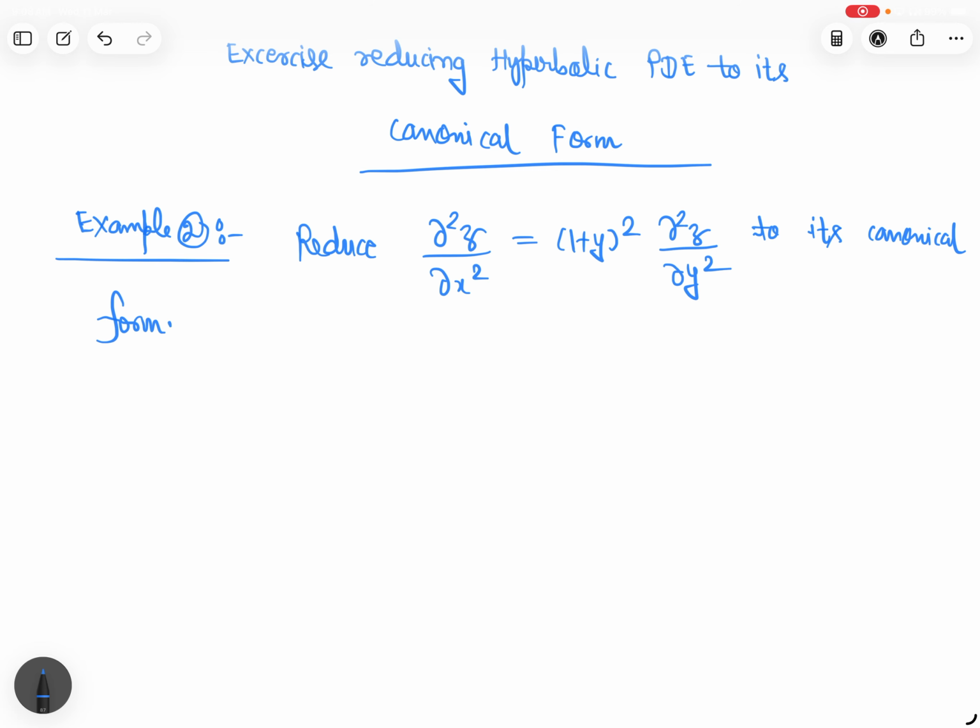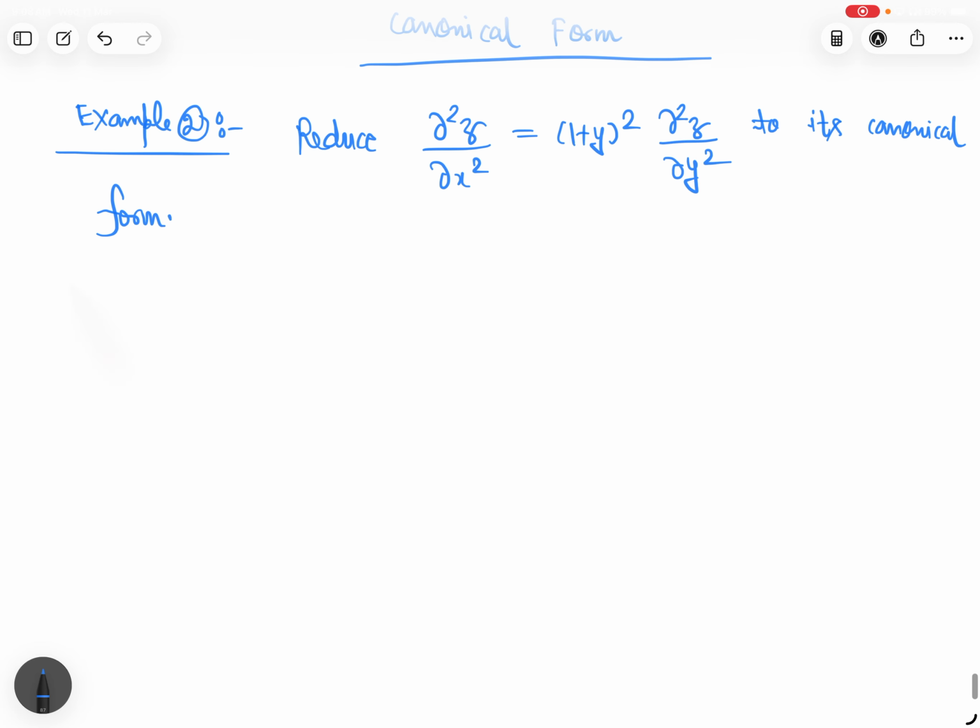Okay, so let's see. We have del square z by del x square equals 1 plus y square del square z by del y square. Now bring everything to the left side.